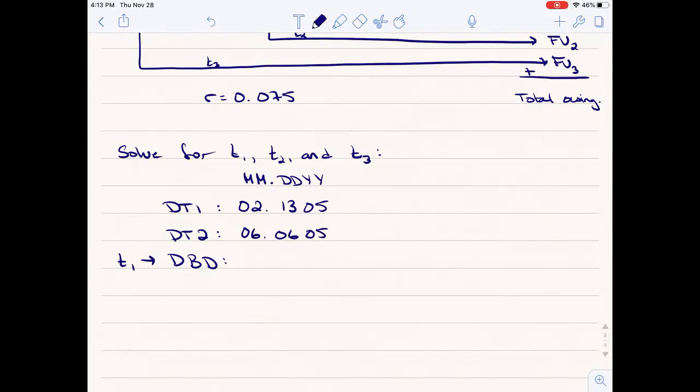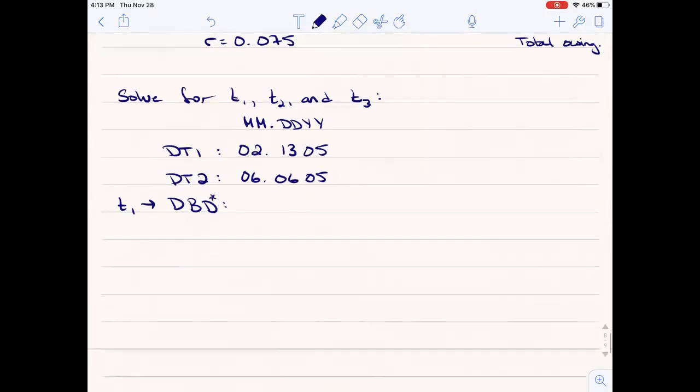So when I use my days between dates here, I get 02/13/05. Enter, right? Otherwise it doesn't save. Scroll down, 06/06/05. Enter. My days between dates, to show that I've calculated this one, compute.